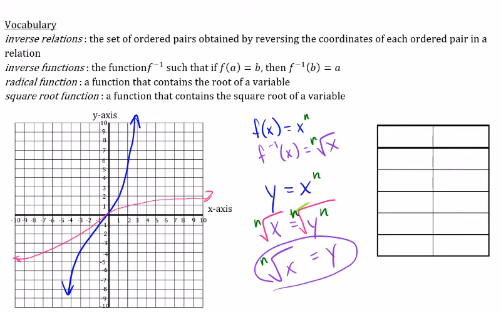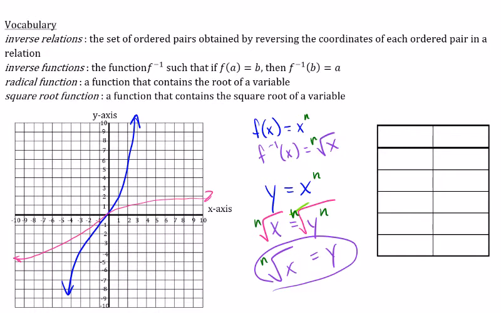So that's why it has to pass the horizontal and vertical line test, because when you swap it, it needs to pass the vertical line test for it to be a function. All right. So odd power functions are one-to-one, and so therefore you can always find the inverse of those, right?